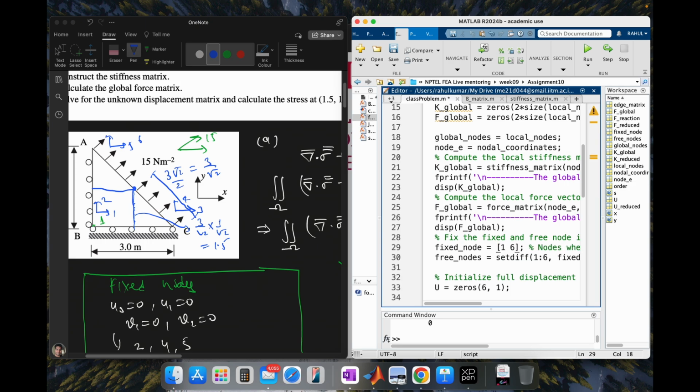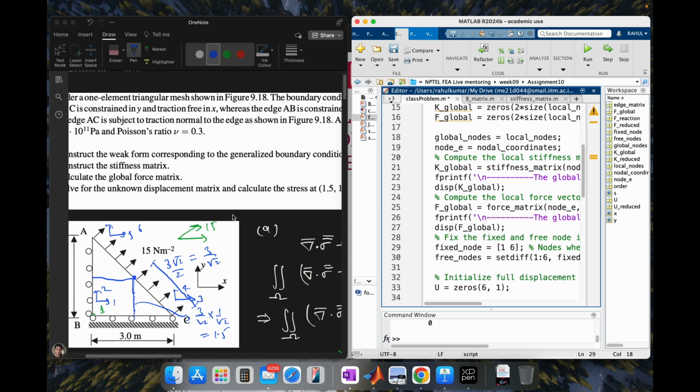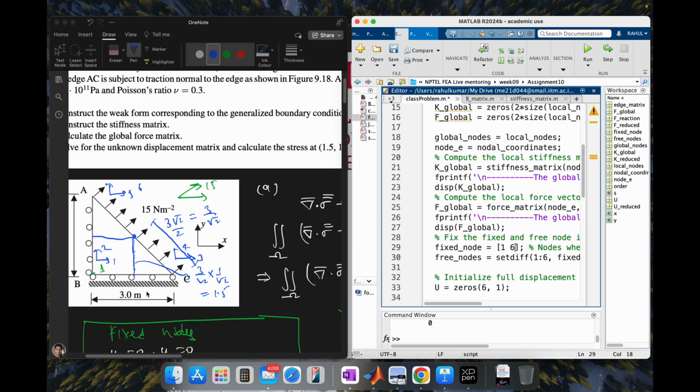Also the face BC is constrained in y direction, which means that 2 and 4, so 1, 2 and 4, so which means that only 3 and 5 will survive.